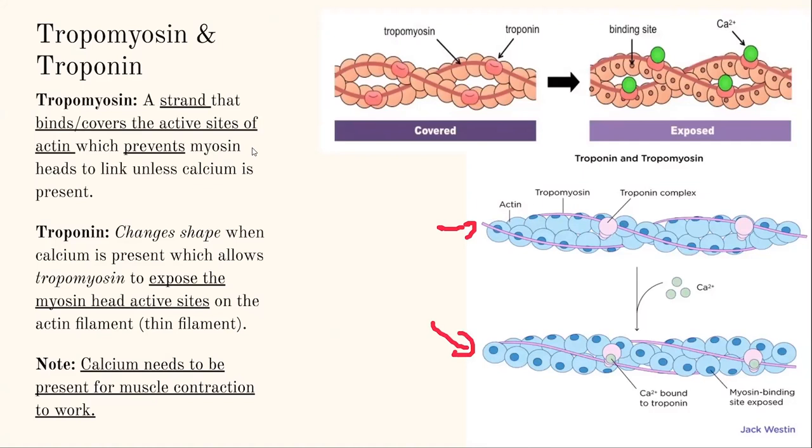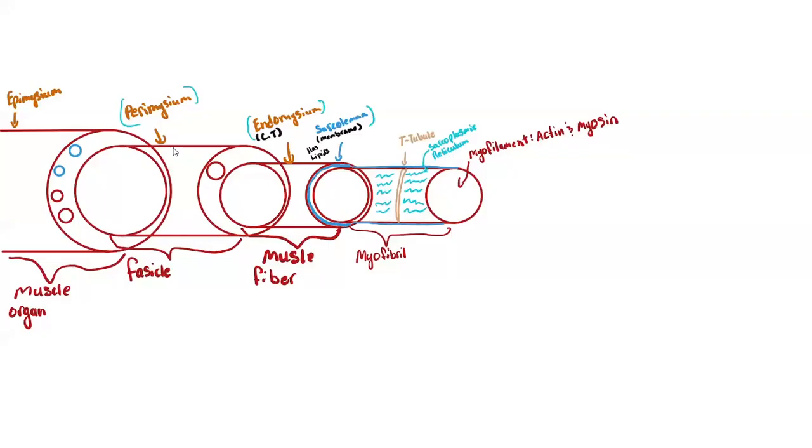And when calcium is not connected to the troponin, the tropomyosin covers the active sites on the actin. Okay, there we go. So I'm going to draw an actin filament here.